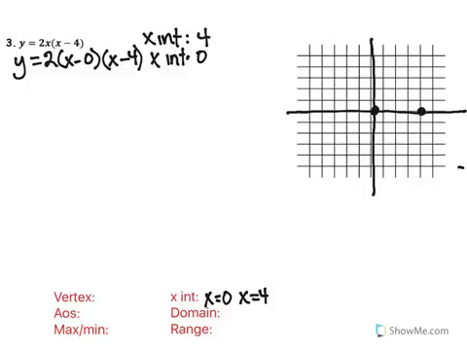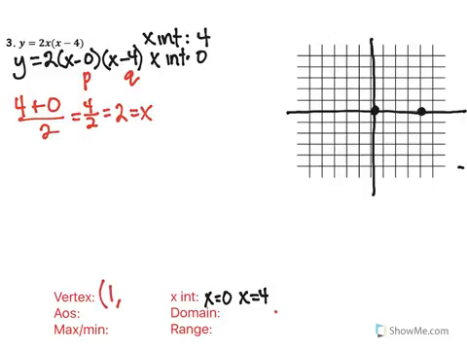All right. Now, finding the vertex, right? Remember how this is like P and that's Q? So, P plus Q divided by 2 equals 2. That equals my x, my very first number of my vertex.